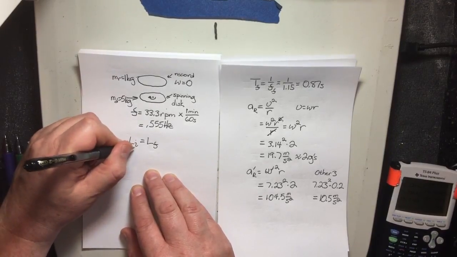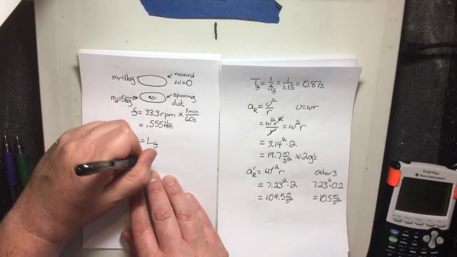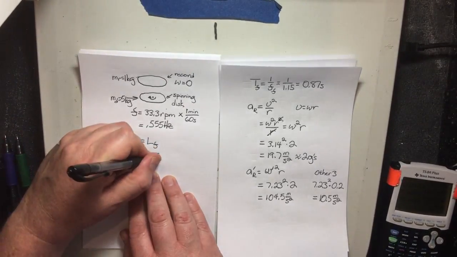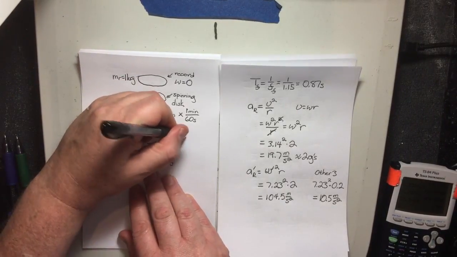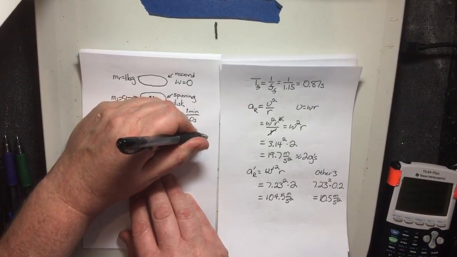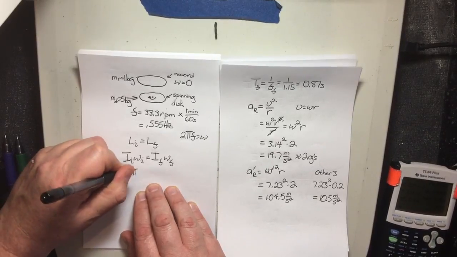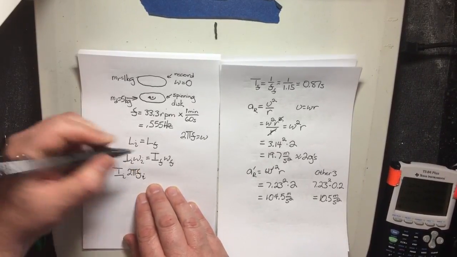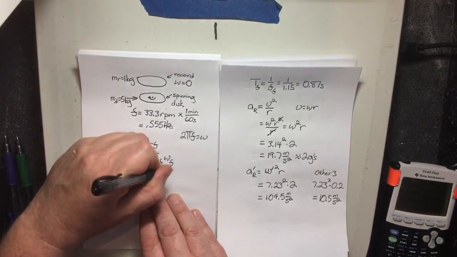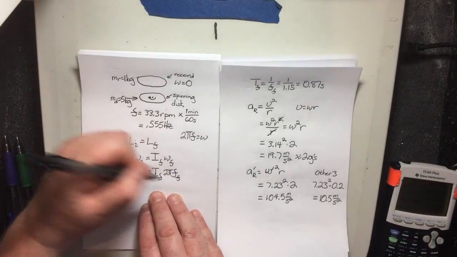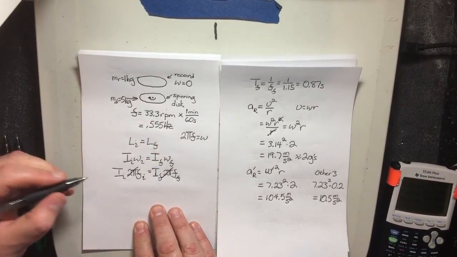So I initial omega initial equals I final omega final. 2 pi f is equal to omega, so we can substitute that in. The 2 pi's cancel.